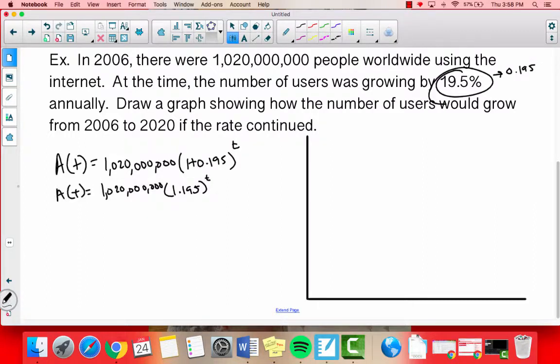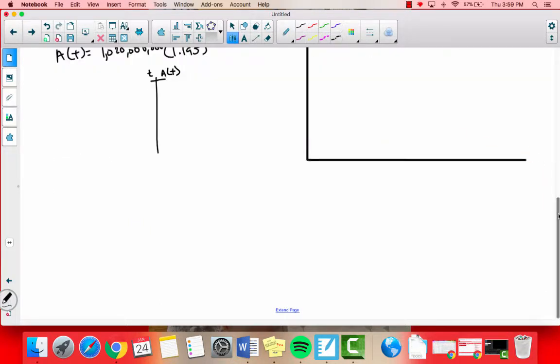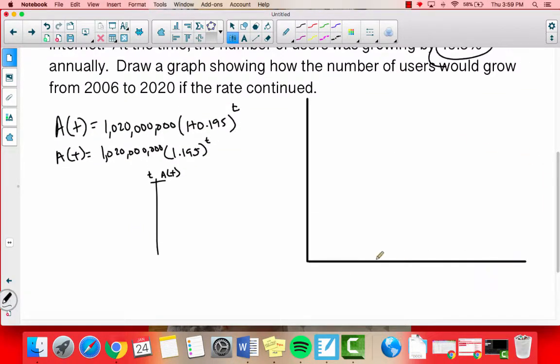Now, all I have to do to make my graph is plug in different amounts for time since 2006, and then I can figure out what the amount is, the number of users that we have in that given year. When you make your grid, make sure that you pay attention to your labels. In this case, my x value or my t value would be my time or my year. Okay?